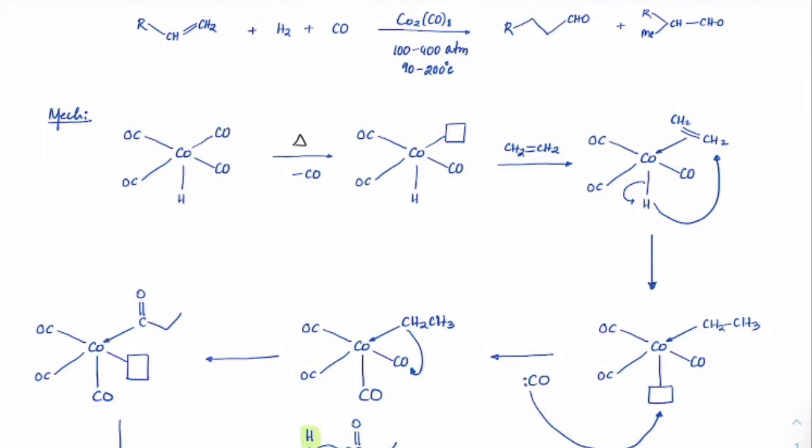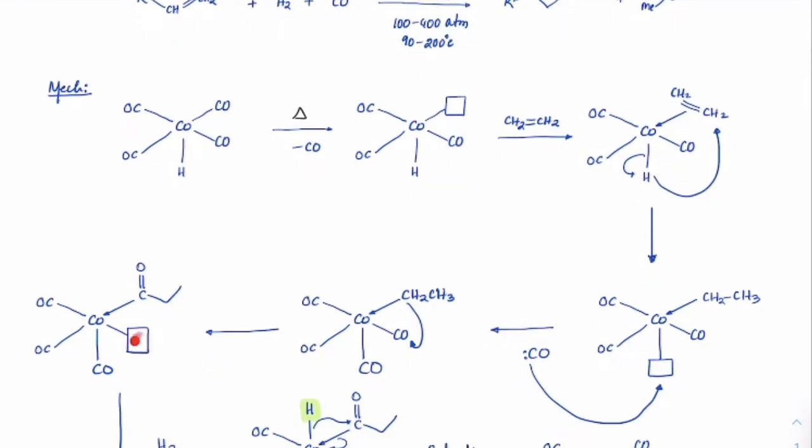You can see that H minus got added here, and this is an empty orbital where the next carbon monoxide can attack. So this carbon monoxide will attack here. Now this CH2 bond will break and start making a bond with C double bond O. So this kind of bond formation is seen, C double bond O, CH2 CH3.